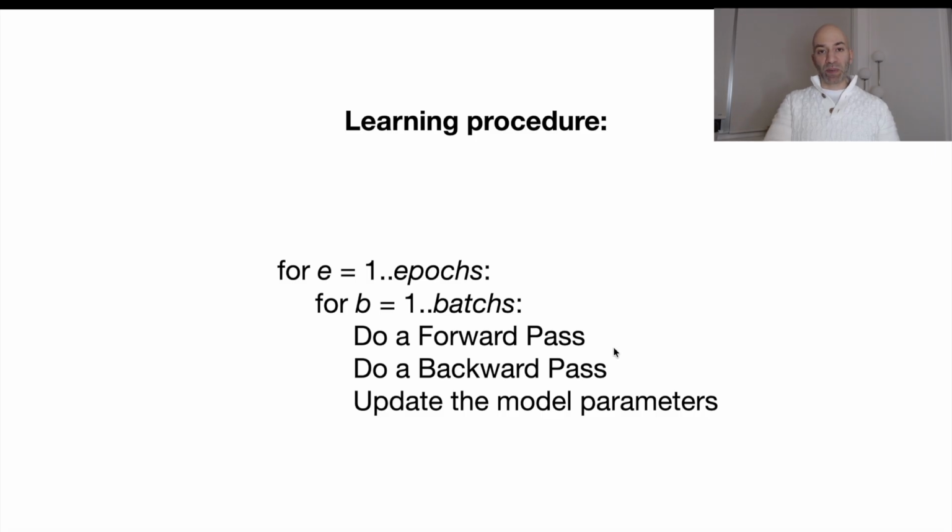Next, we do a backward pass, which goes in the opposite direction, from the output layer to the input layer, and the goal here is to compute the derivatives that we need in order to do gradient descent. Finally, we can update the model weights. So that, at a very high level, is our learning procedure.